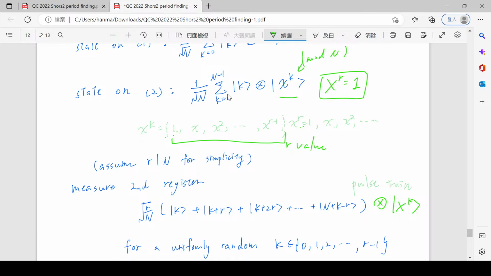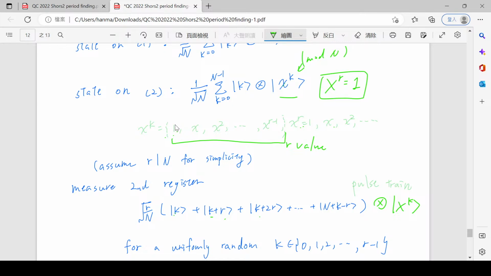We project back into the first register, tensored together with x to the k, and that will be basically k, k plus r, k plus 2r, etc.